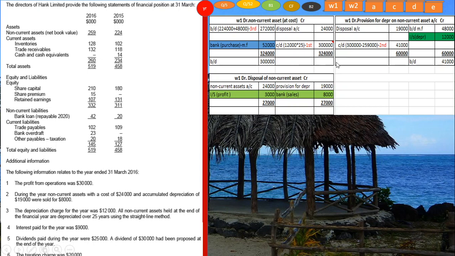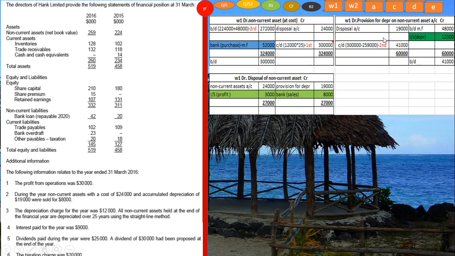Then in the provision for depreciation account, we have the opening balance of provision on the credit side. Remember, the provisions are on the credit side, and then depreciation during the year, that is depreciation for all the non-current assets during the year, is added on the credit side by writing income statement.